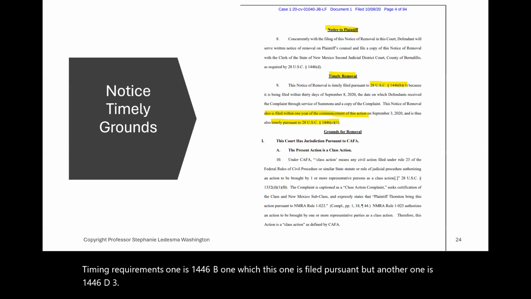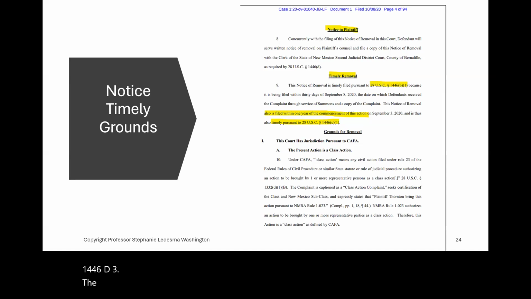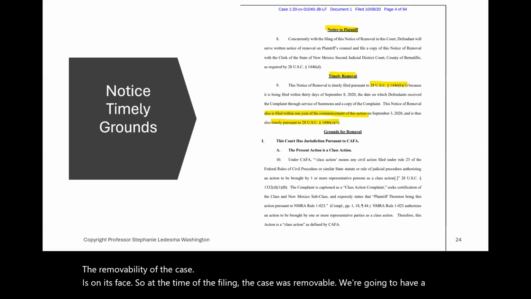The difference: (b)(1) is the timing structure that we follow if the removability of the case is on its face. So at the time of the filing, the case was removable. We're going to have a timeline that begins there.